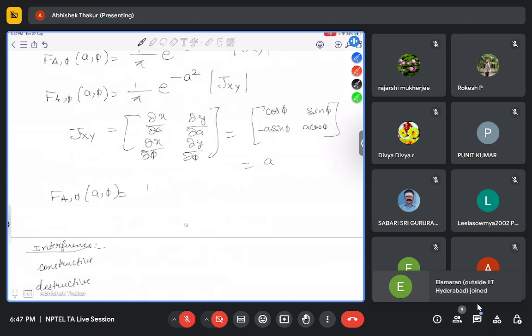This is equal to a by pi e to the power minus (x square plus y square), and x square plus y square is a square. So here we can directly write a square.